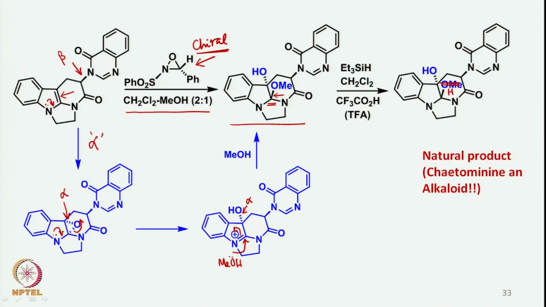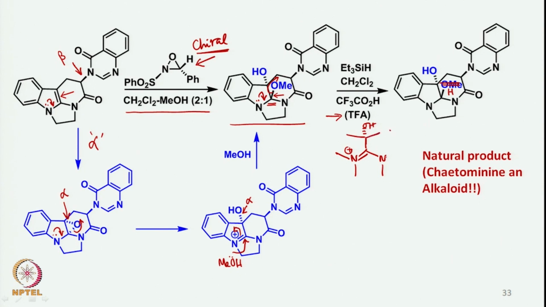to form this, where the methoxy group has come from the beta side. Now under acidic conditions, with trifluoroacetic acid, this oxygen is lost and you can generate a similar type of ammonium ion, so we get this here. I will not write the lower part of it, but you have a positive charge here and a hydroxy group here, and of course the remaining part here.